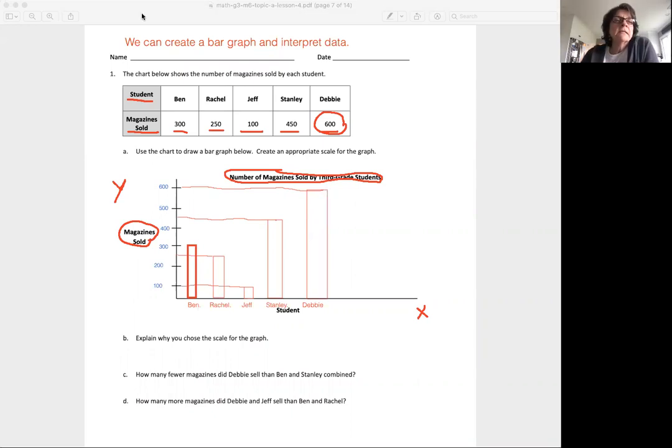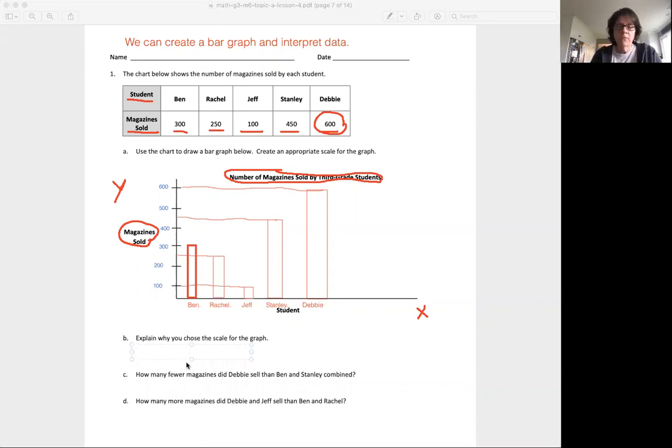Okay, now it says explain how you chose the scale for the graph. So remember what we did. First thing we did was we looked at the highest number and we decided it was 600. So we needed it to go to 600. Then we looked at some of the other numbers.